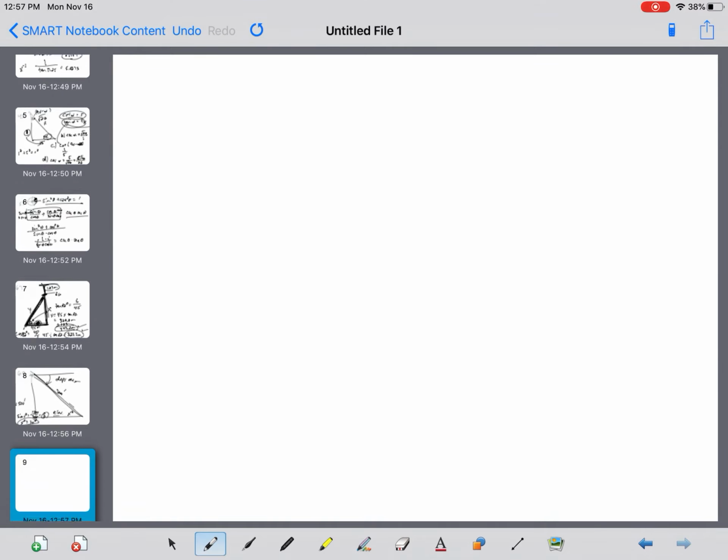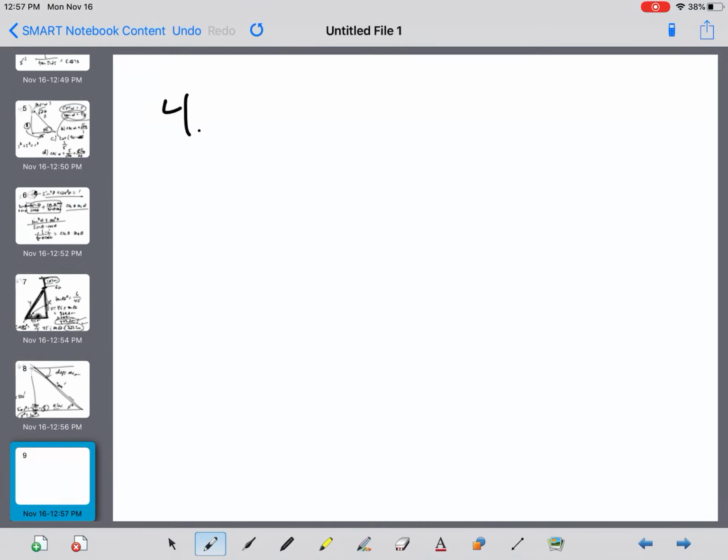And now on the next page, your assignment for lesson 4.3, starting on this page 286.